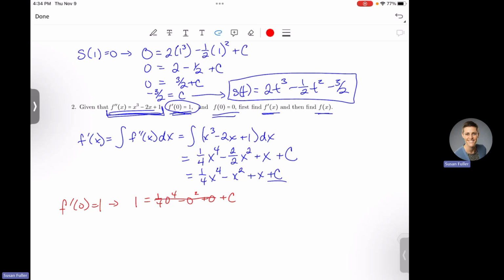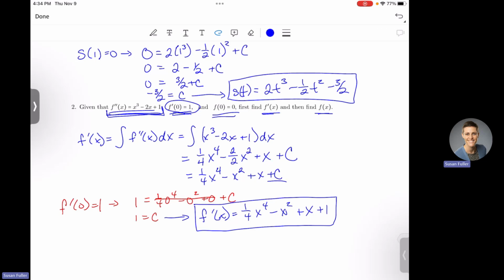These are all just 0, so 1 is equal to my c value. And what that means is then my first derivative exactly is 1/4 x to the fourth minus x squared plus x plus 1. That's my first derivative.